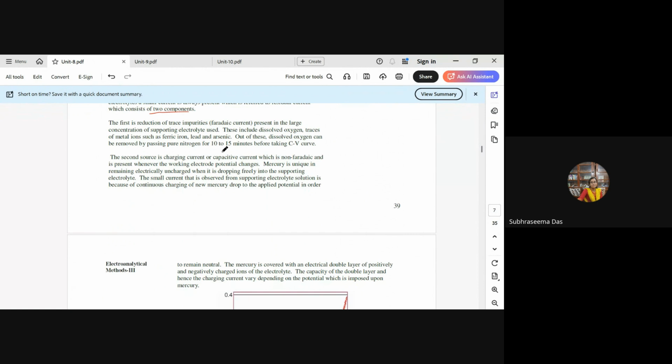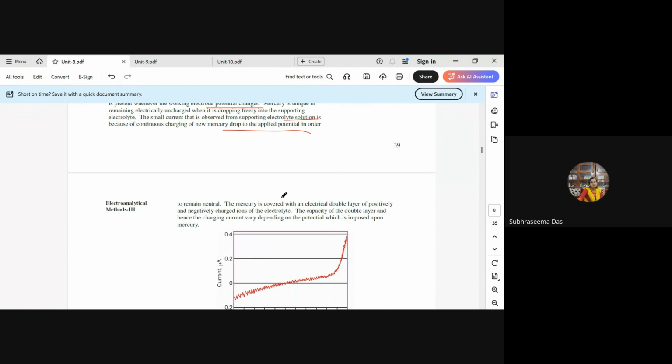current or capacitive current, which is non-Faradaic, and it is present whenever the working electrode potential changes. Mercury is unique in remaining electrically uncharged when it is dropping freely into the supporting electrolyte. So the small current observed from the supporting electrolyte system is because of the continuous charging of the new mercury drop to the applied potential in order to remain neutral.